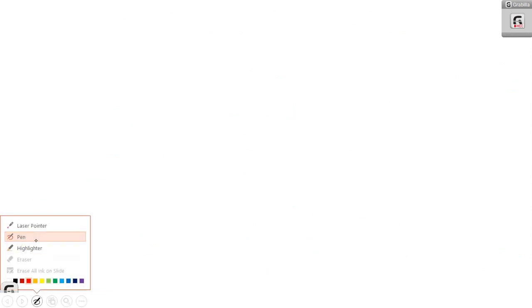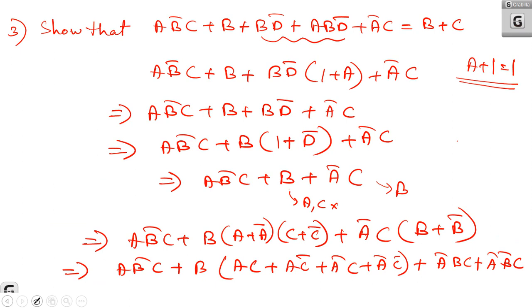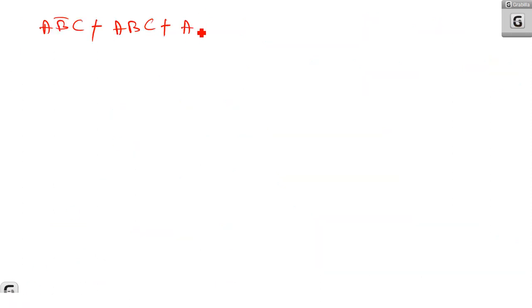Now if you are simplifying it, the first term is A B bar C, or. Second term is A B C, or. Third term is A B C bar, or.